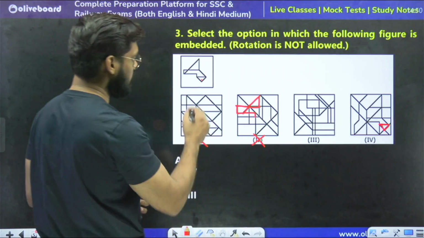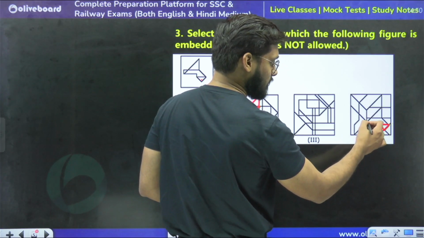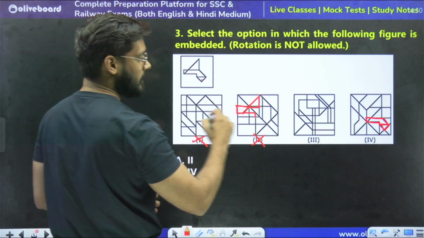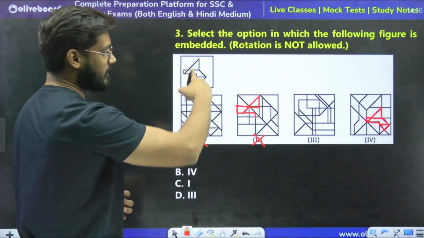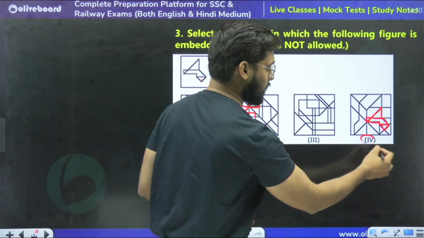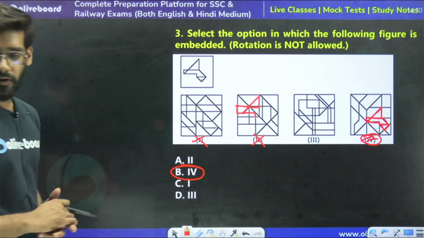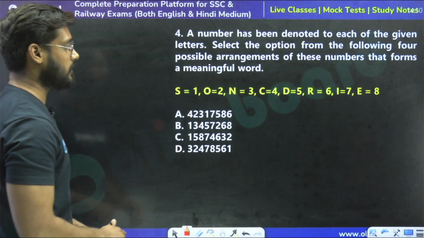We can see the triangle, and then above it is this line. Okay. Then this line, then this, and then this. Exactly the same figure, right? And then we needed this figure. Exactly the same figure like this, and hence option number 4. Figure number 4 is having the right answer. Figure number 4 means option number B. Right? Okay. Fourth question on our screen.